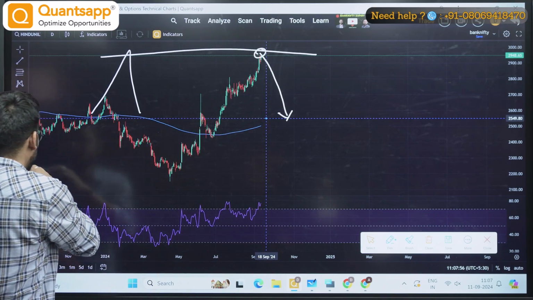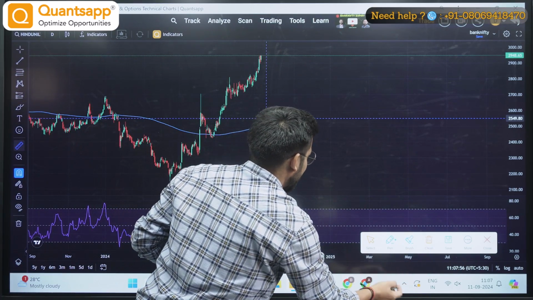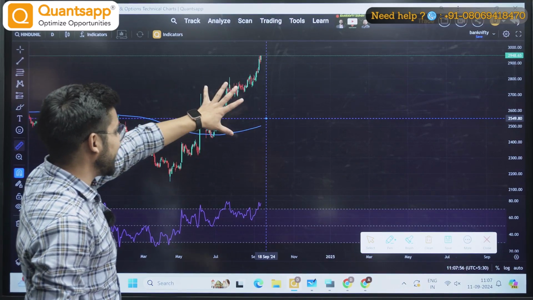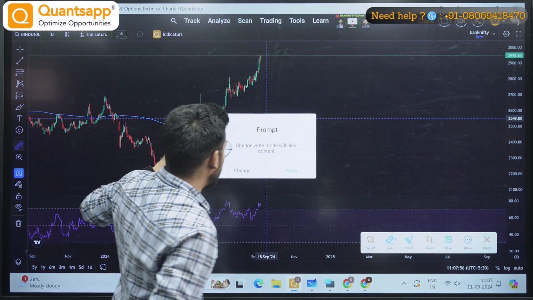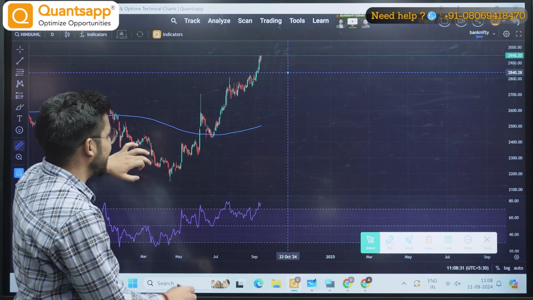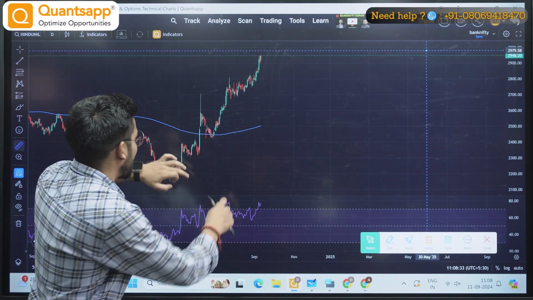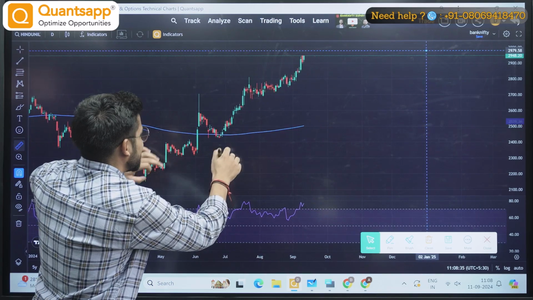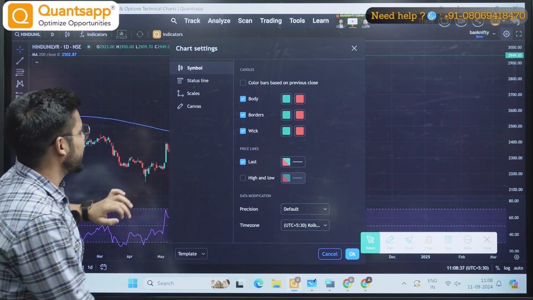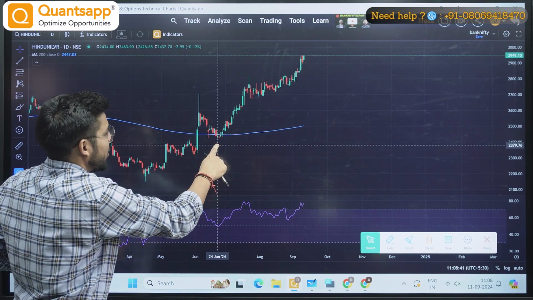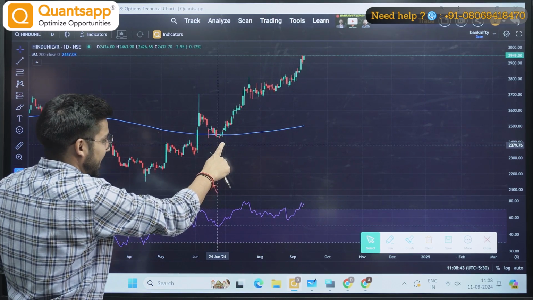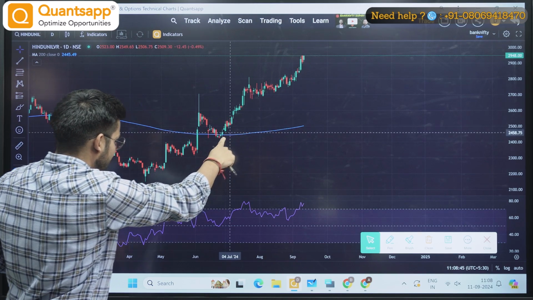So let's see how you can trade then. If I'm not getting any data here, let's go into the past and see how it works. I'm going a little back here. I can see there is a time when my market was at the simple moving average, and it tried to move upward.